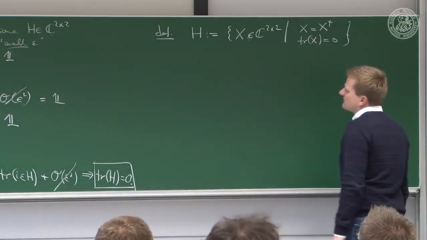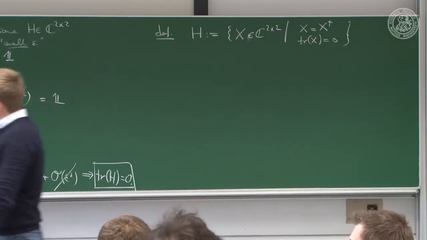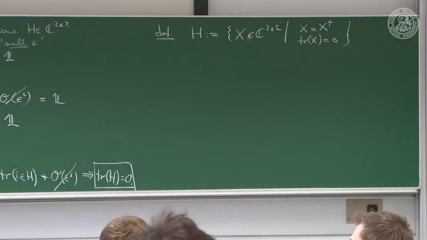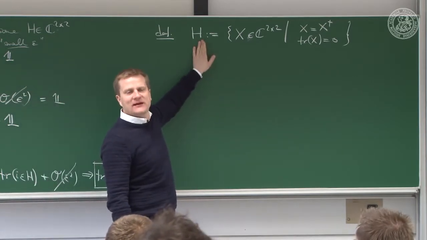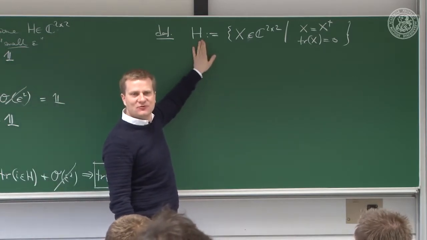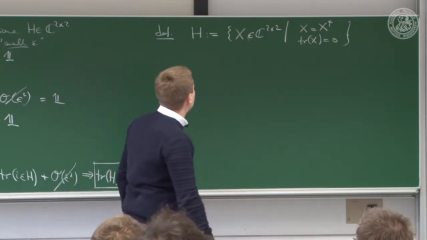So now, what are we talking about here? We wanted to talk about SU2. Why did we look at the Lie algebra? Well, because we know that on this space, which is the Lie algebra, we can represent SU2. And how do we do that?